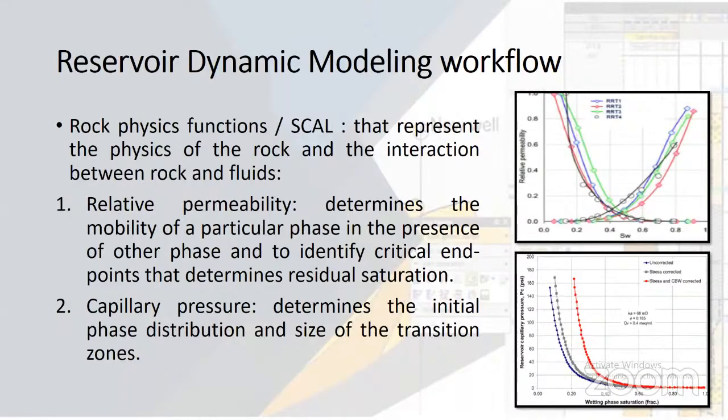In case you want high resolution for the capillary pressure, you can use the J function. Also, if you want more resolution, you can do rock typing, and for every rock type, you will assign a J function curve, okay, and so on.